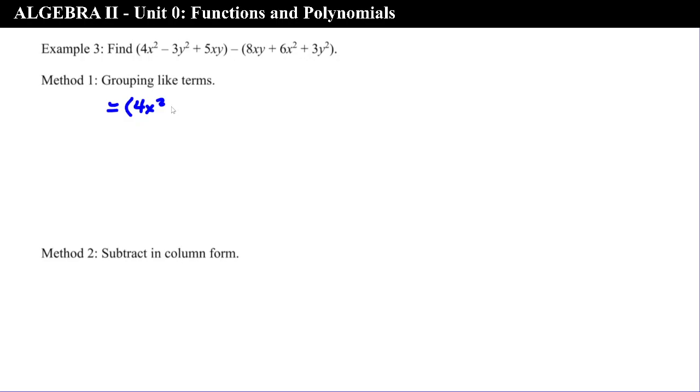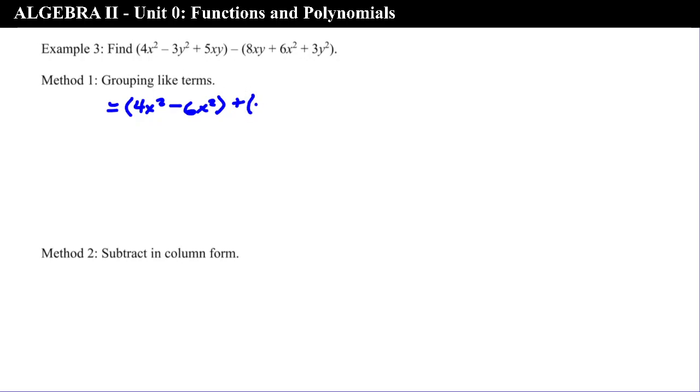So when we group like terms, we're going to end up with 4x squared. Now, this is where you want to be careful with your signs, because we're subtracting this time around, okay? So our operation, when we group the term from the second polynomial, is going to be subtraction, and we have a 6x squared on the other side of that. Okay, now we're going to add it to our next term.